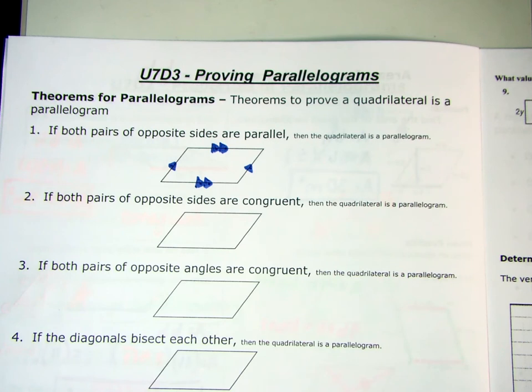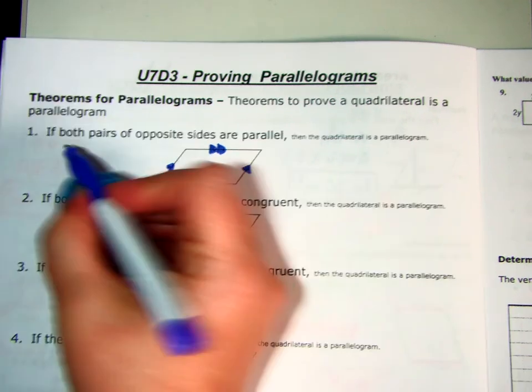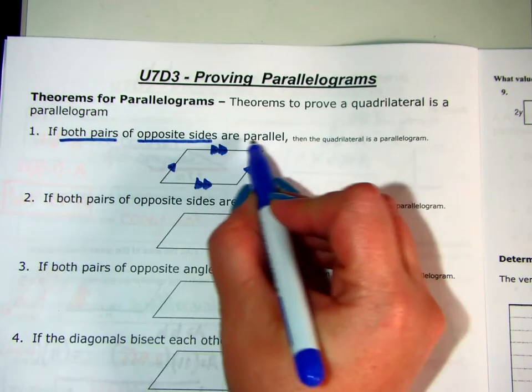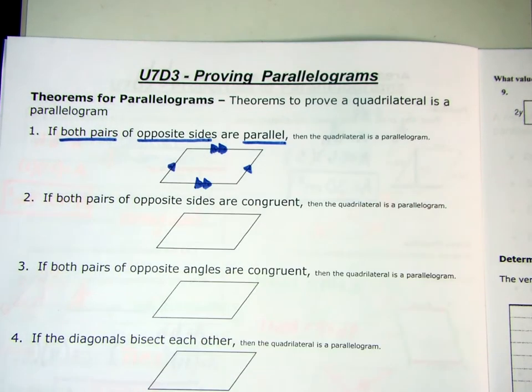Even though it's not marked, I know my opposite sides are congruent, my opposite angles are congruent, my consecutive angles are supplementary, and my diagonals bisect each other, just from those 4 markings. I know all of that other stuff is true. Again, this was both pairs of opposite sides parallel.